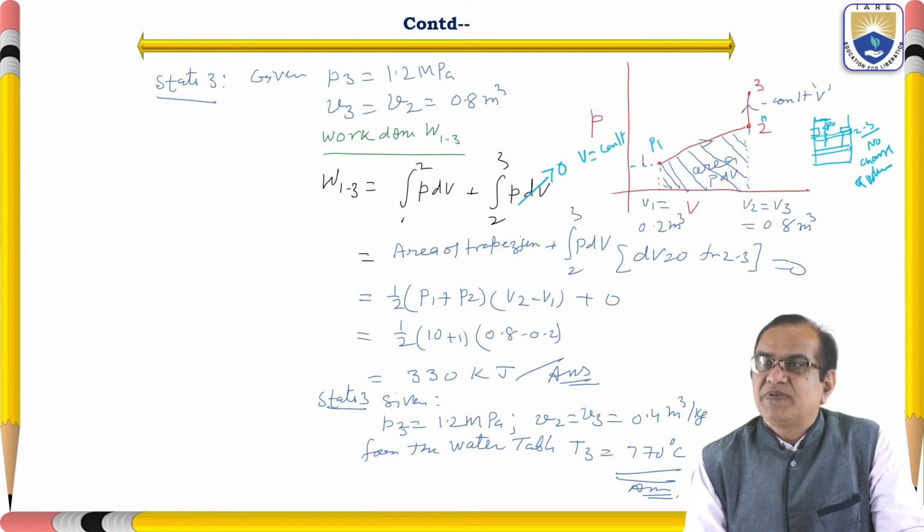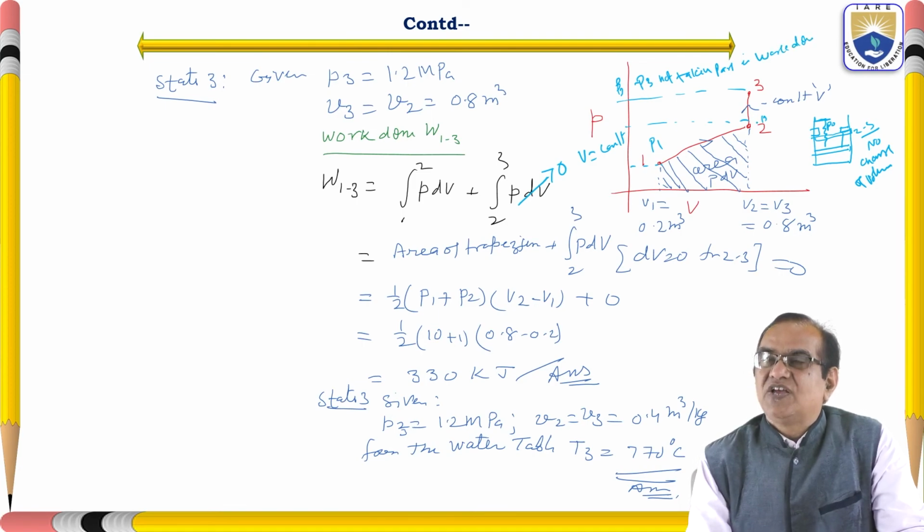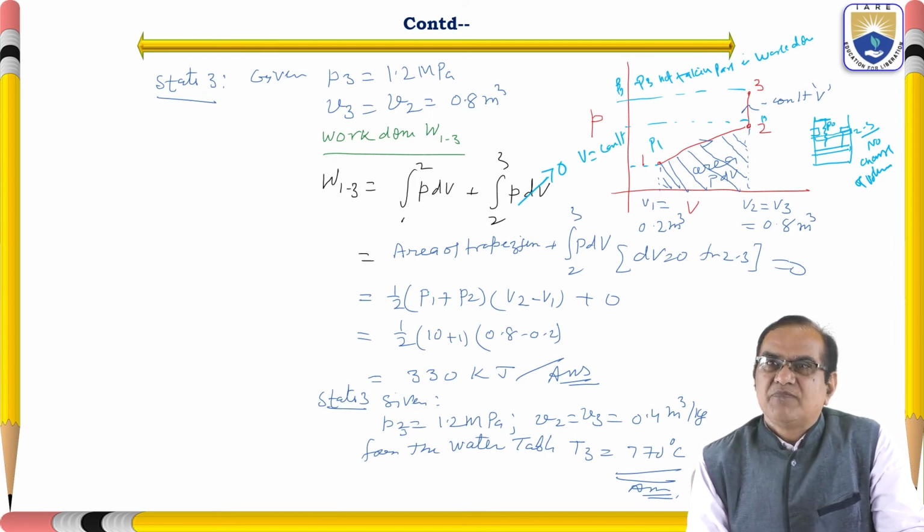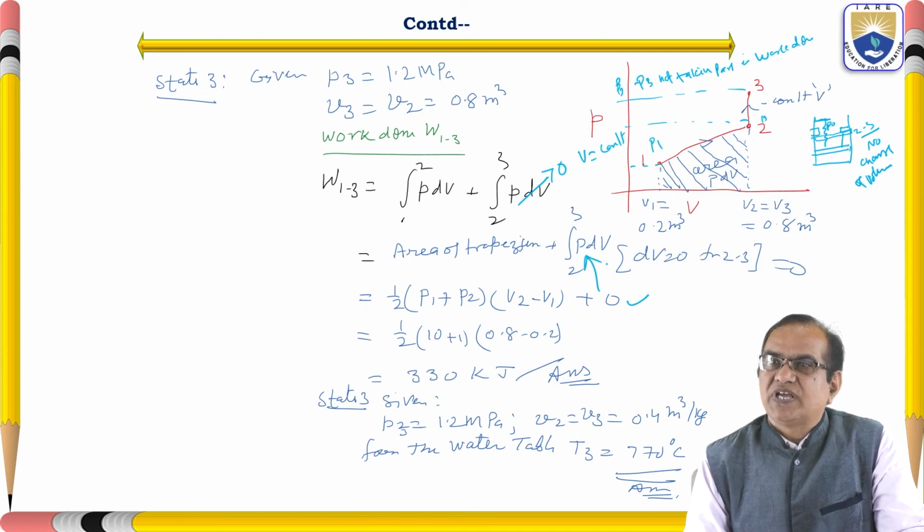If you see, this is P1, this is P2 and this is P3. P3 is not taking part in work done, because volume is not changing here. So this is half P1 plus P2 into V2 minus V1, plus 0, because this work is 0 here.